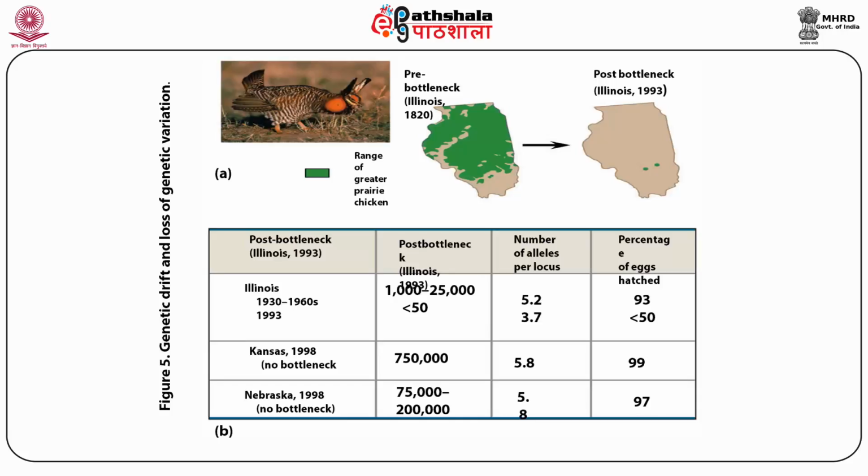Similarly, the post-bottleneck in this area shows how the variational changes take place over time. So from this figure, we can clearly find out the number of alleles per locus that undergo changes and the percentage of each haplotype that undergoes some changes based on the phenomena of genetic drift and the loss of genetic variation.